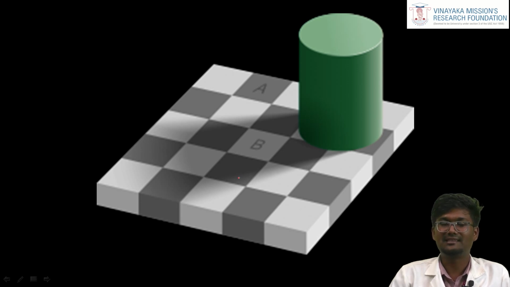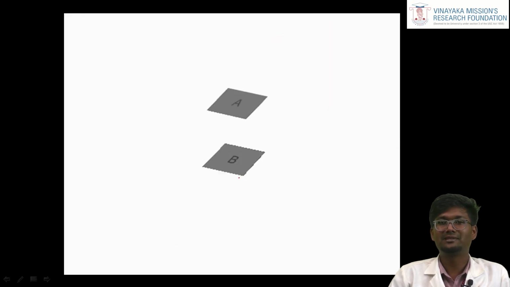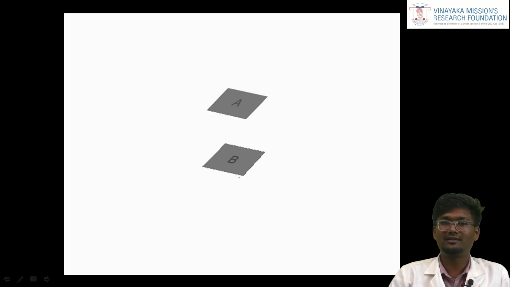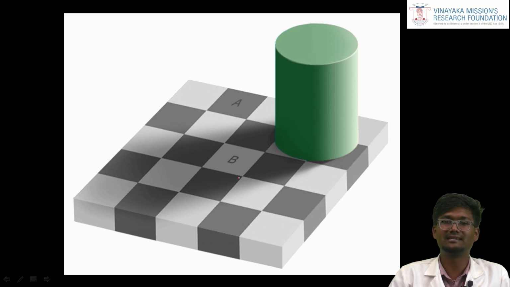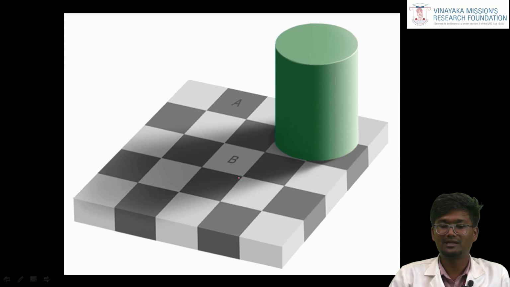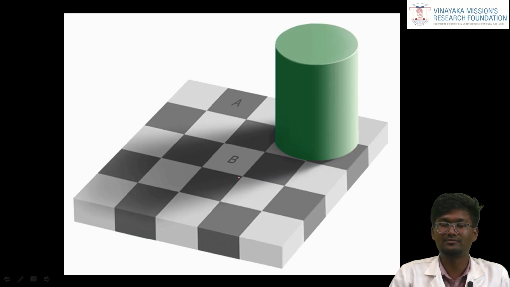Let me explain the construction of this. Both A and B are the same, but after the texture is filled in, you may see that both are not equal. The reason for this psychological visual perception is the checkerboard pattern on this cylinder, which is the Adelson checker shadow illusion, the name of this image.